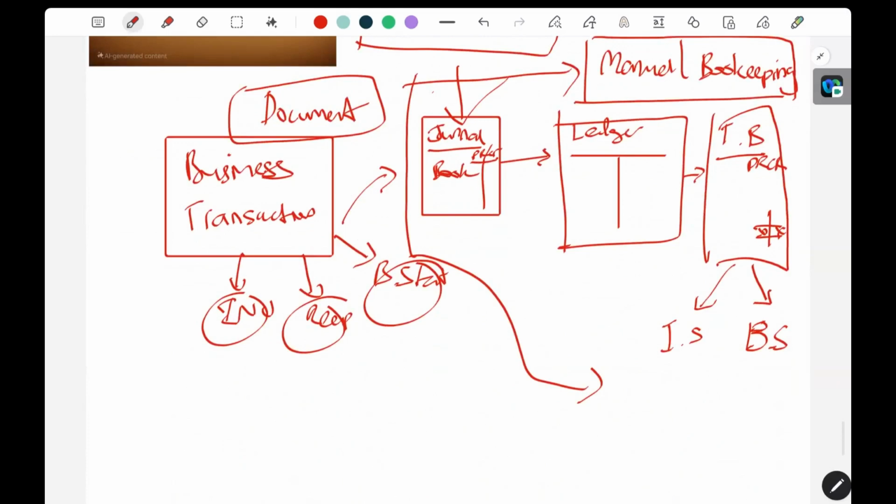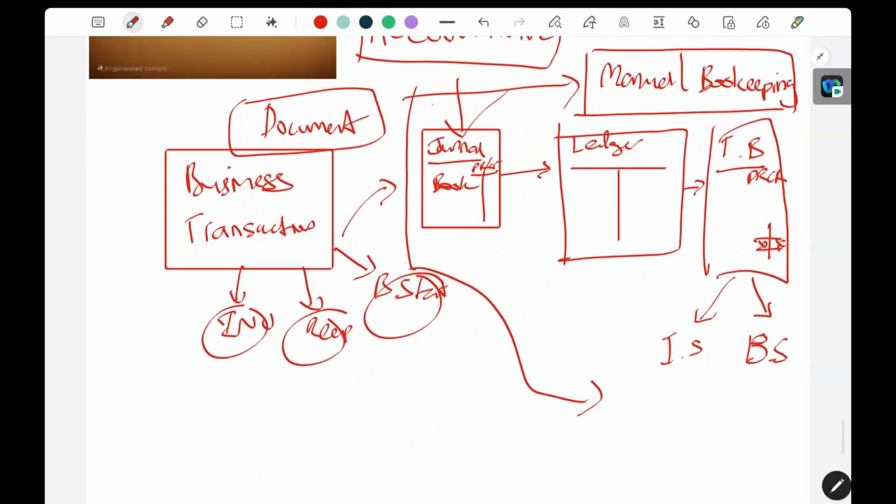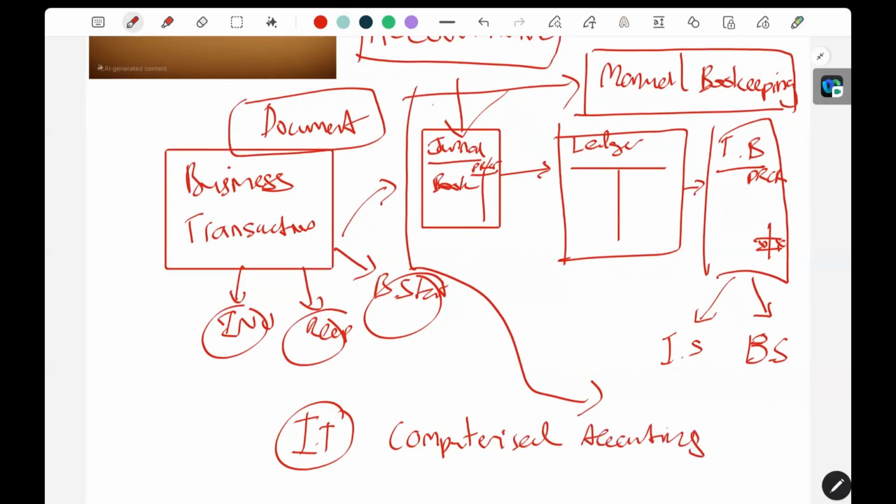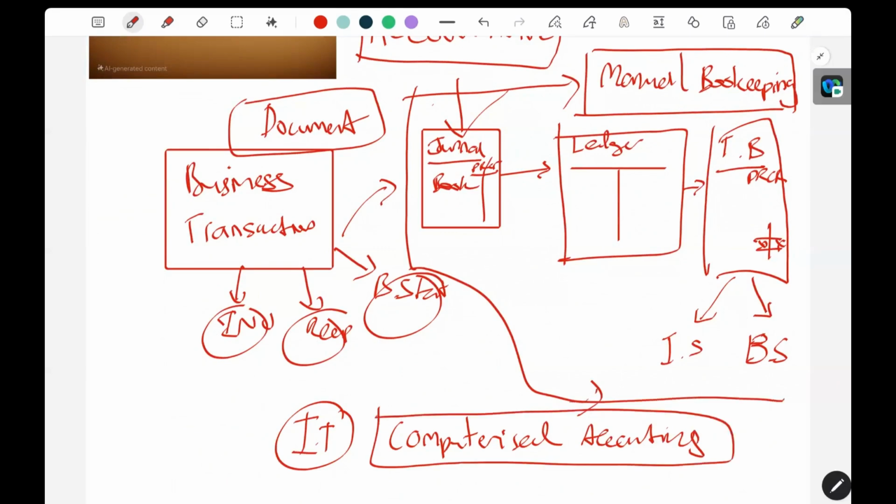Similar to this software over here, this process over here, we use manual bookkeeping. Then with the IT coming into place, we call this computerized accounting, versus the manual bookkeeping.